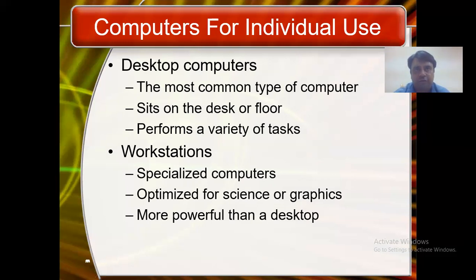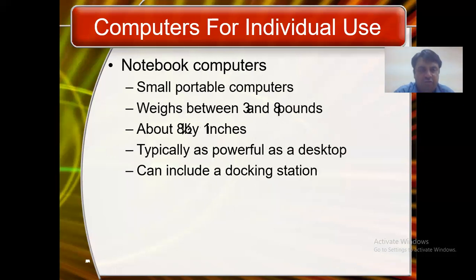If we need graphical processing or scientific application processing, we will not be using a desktop computer. Instead, we will be using the workstation form of the computer, which is more powerful than a desktop computer. So these are basically two types of computers which are used for individual purpose. The first one is a desktop computer, and the second one is your workstation.